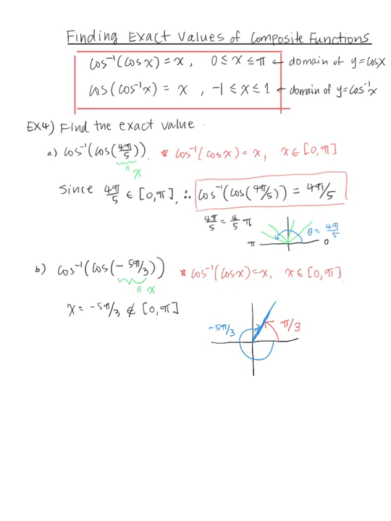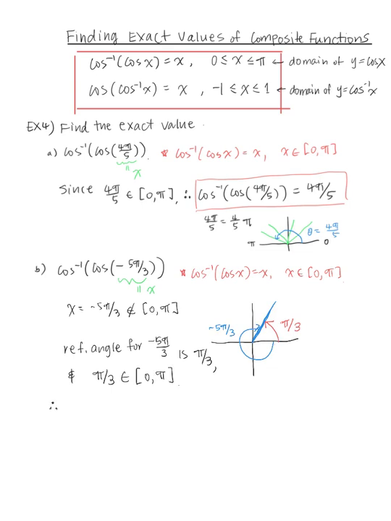Now I'll write everything out. The reference angle for negative 5 pi over 3 is pi over 3, and pi over 3 is inside of 0 to pi. So we are good to go.